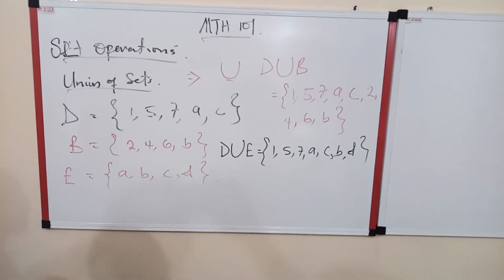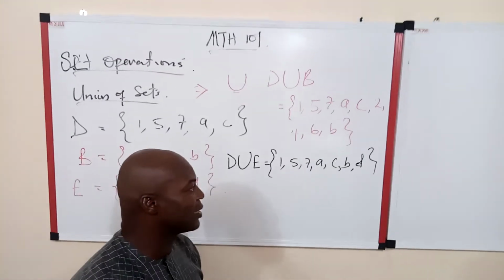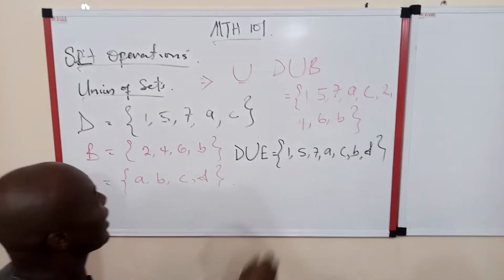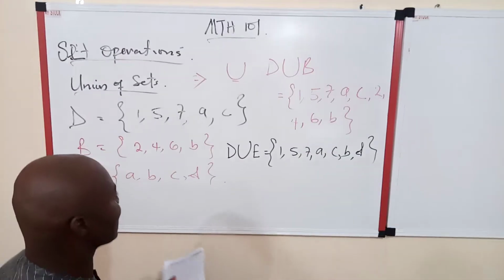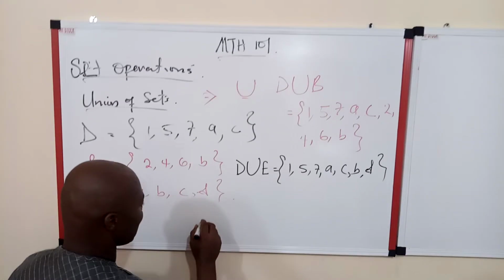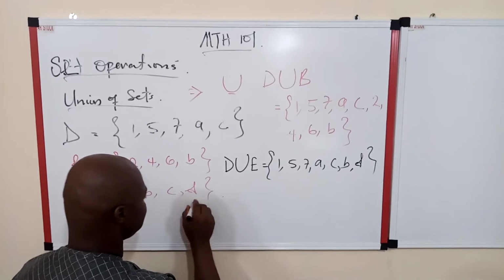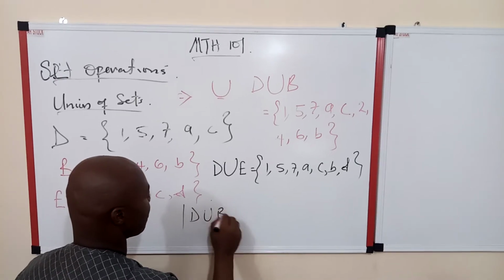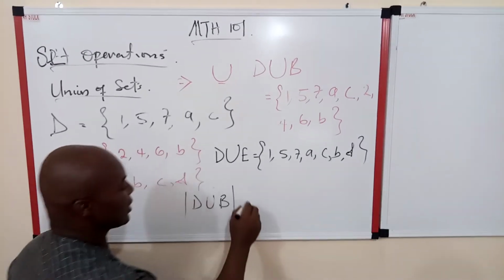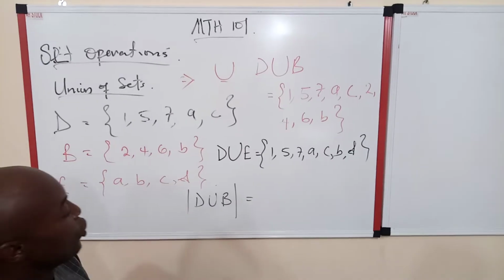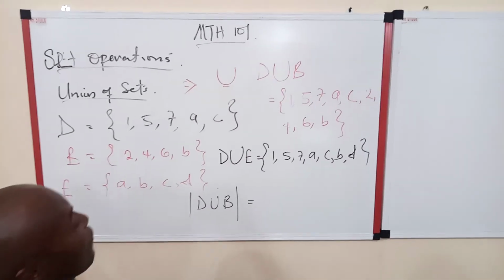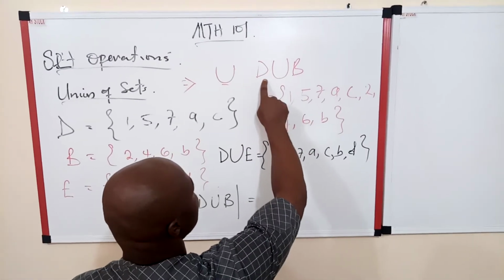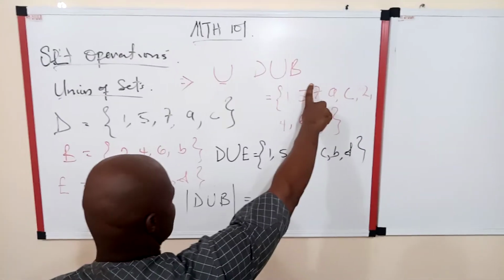Now, having known that, we can also determine the cardinality of the set, the cardinality of the union of two sets. We have said the cardinality can be symbolized like this. This cardinality is simply knowing the total number of elements in that set. So this new set that we have, the union of D and B, is this one.